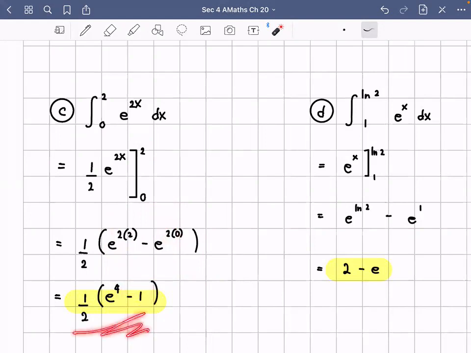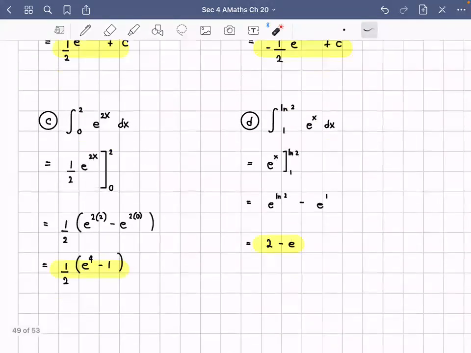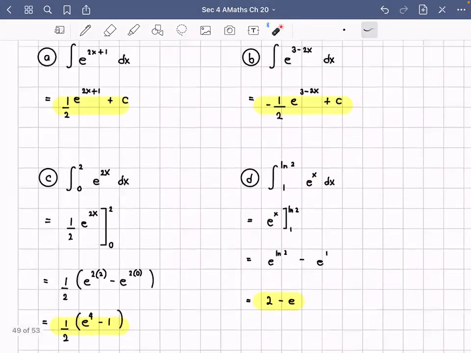Therefore, this is your final answer. Take note that in definite integrals, your answer is still expressed in terms of e. So for indefinite and definite, you will still get e in your answers.